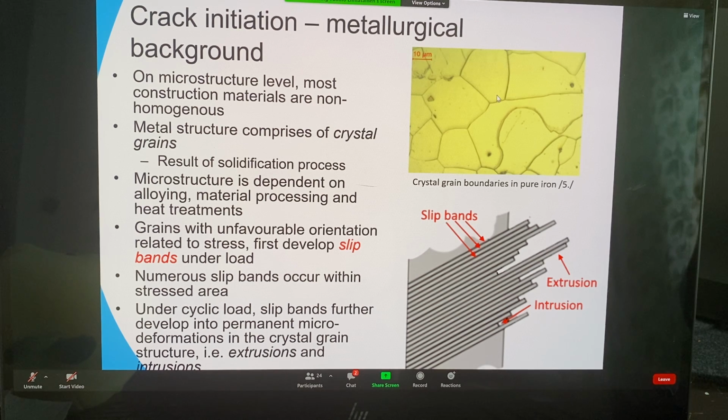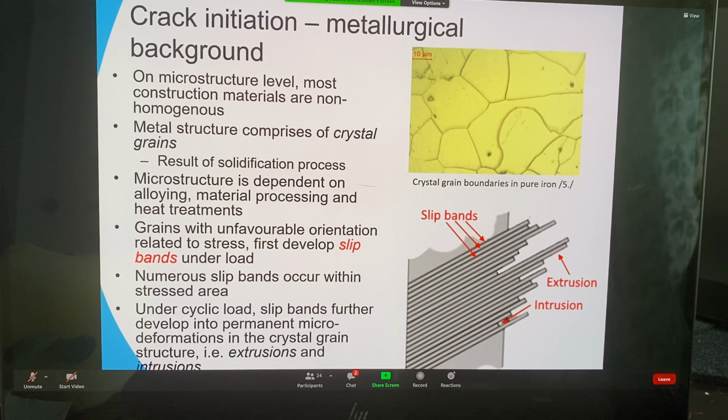Those grain boundaries or planes, which are the most unfavorable, first develop so-called slip bands under load, which means that the grains start to slide with respect to each other, slightly, not much, very little, but nevertheless.